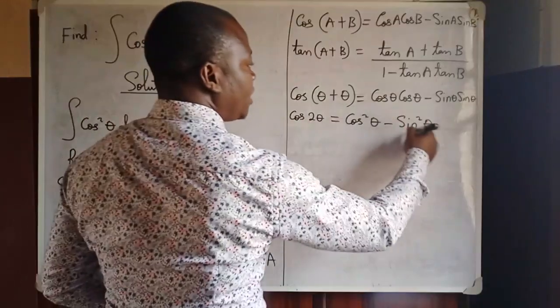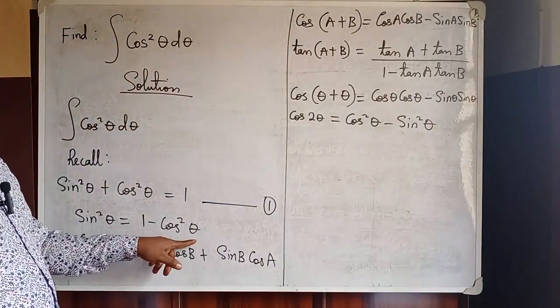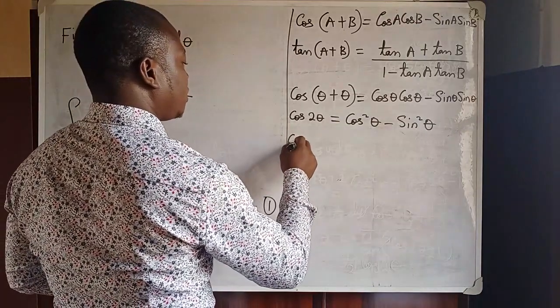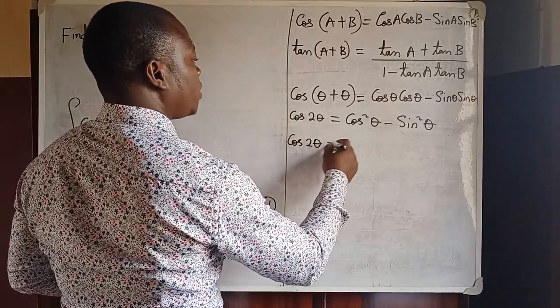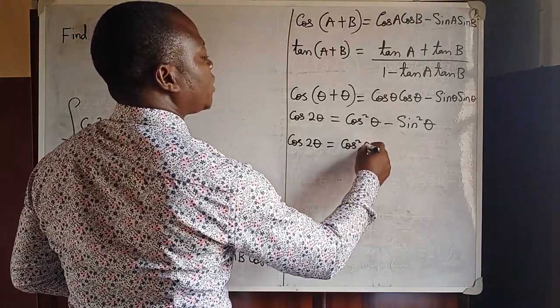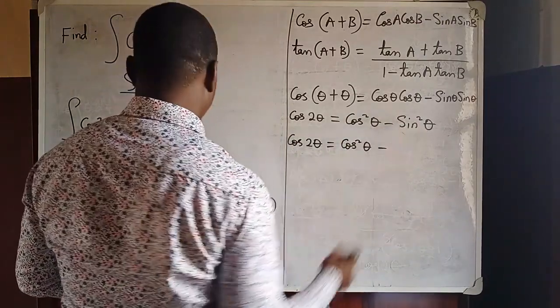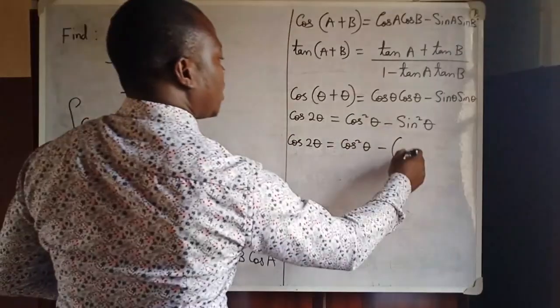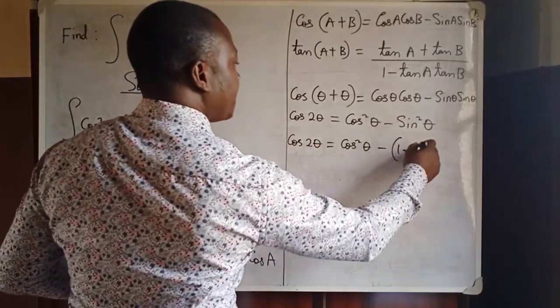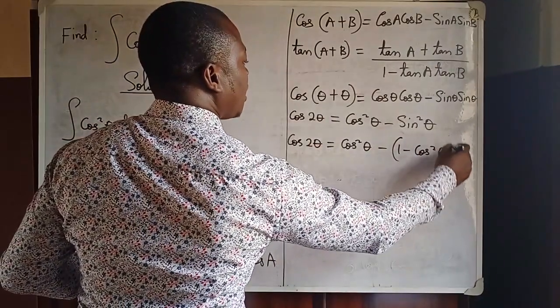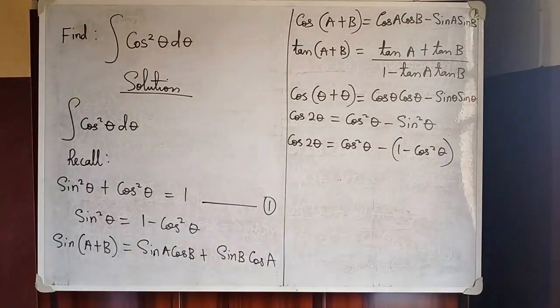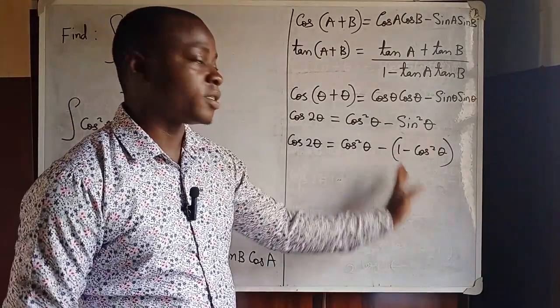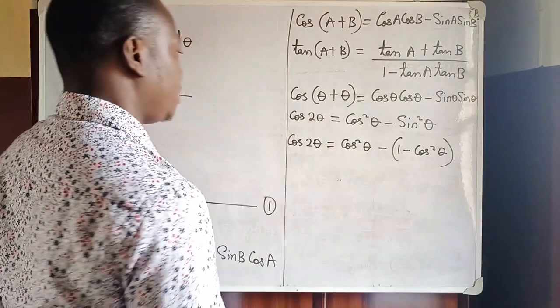So I can replace this with this. So that is to say that cos 2 theta will be equal to cos squared theta minus, and in this place I will replace sine squared theta with 1 minus cos squared theta.